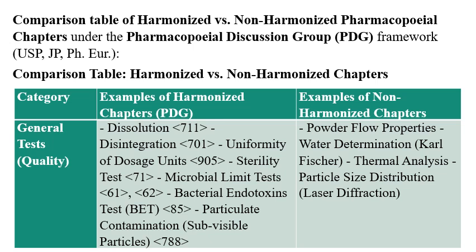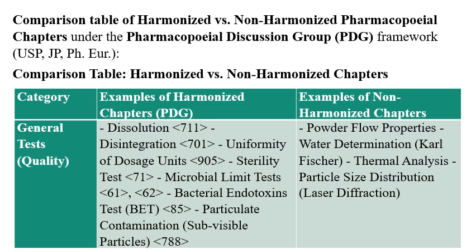Now coming to the examples for the harmonized and non-harmonized chapters. A comparison table is included here for the harmonized versus non-harmonized pharmacopoeial chapters under the Pharmacopoeial Discussion Group (PDG) framework with USP, JP and PhEur. So the category is the examples of harmonized chapters and non-harmonized chapters.